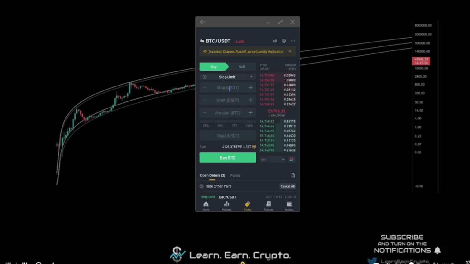The same step for stop limit sell order, but you will have to set your stop price slightly higher than limit price. Stop limit is good for you if you are an active trader, but if you are a long-term trader or investor, then limit order will do.